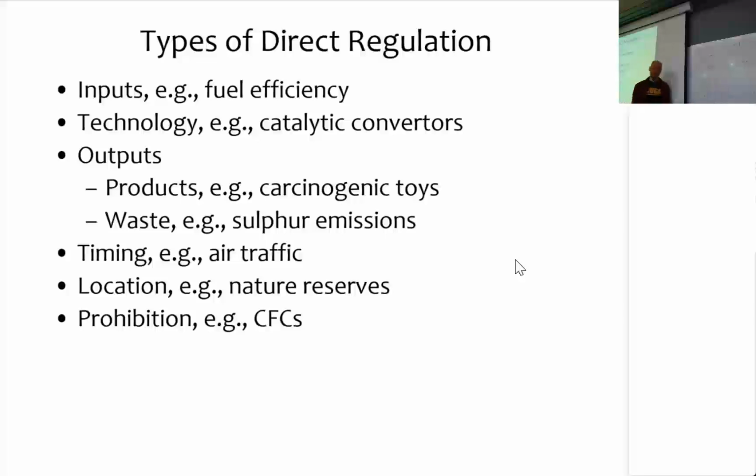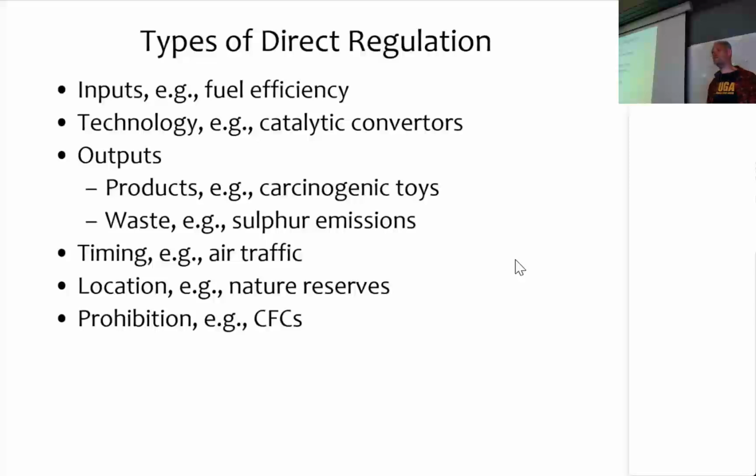Finally, what you can do is just say, forget it, no more. And I talked about CFCs briefly. At the moment, you are not allowed to make CFCs, you're not allowed to sell them, you're not allowed to buy them, and you're not allowed to use them. Just to make sure, all of these 4 things are forbidden by international treaties that have been transposed into national legislation in basically all countries in the world now.